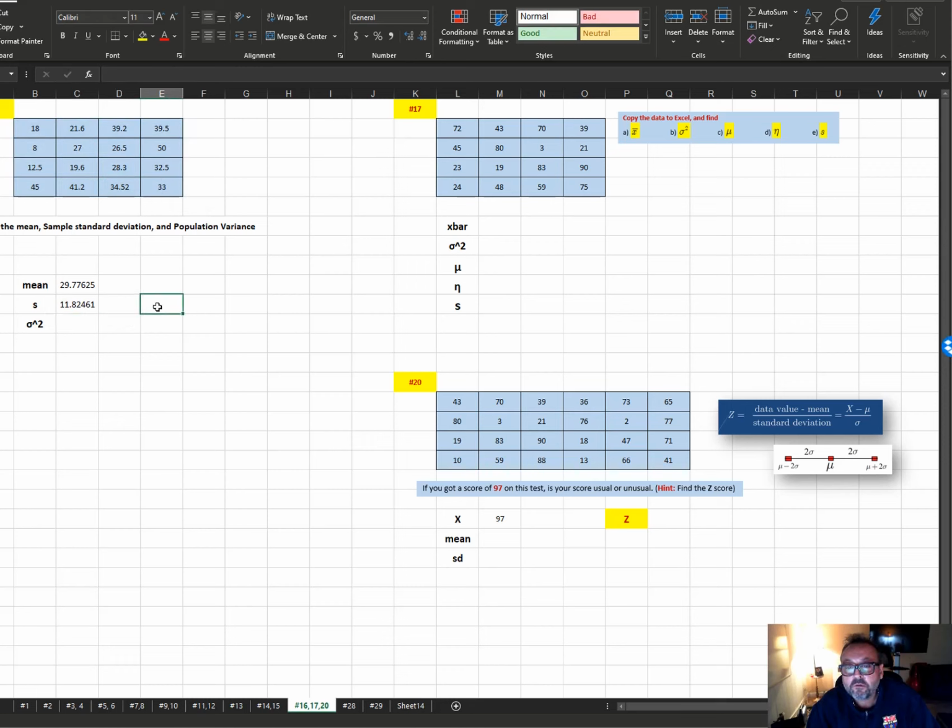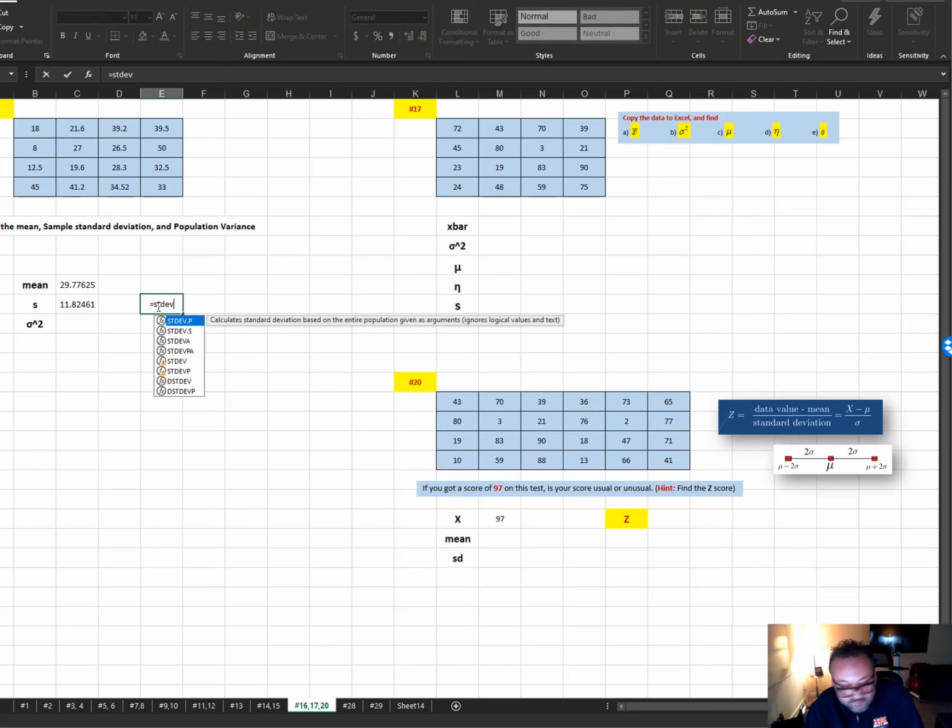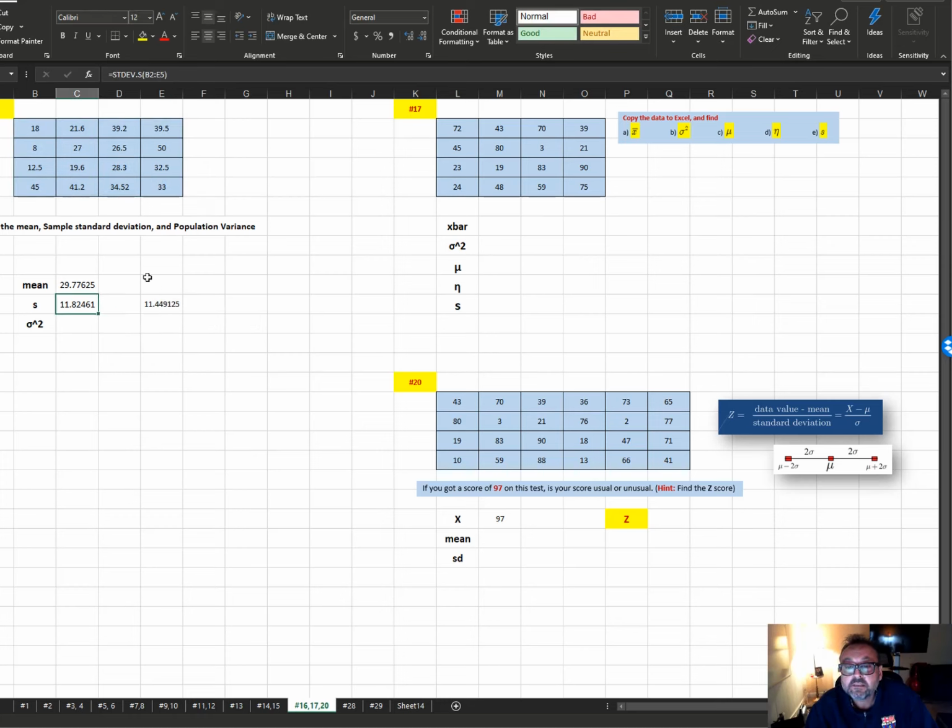In case you're wondering what the population standard deviation would have been, if I had used stdev.p and selected these numbers, look at the answer. You notice the answers aren't that different anyway. Sample standard deviation is 11.8, population standard deviation is 11.4. So anyhow, that's that.